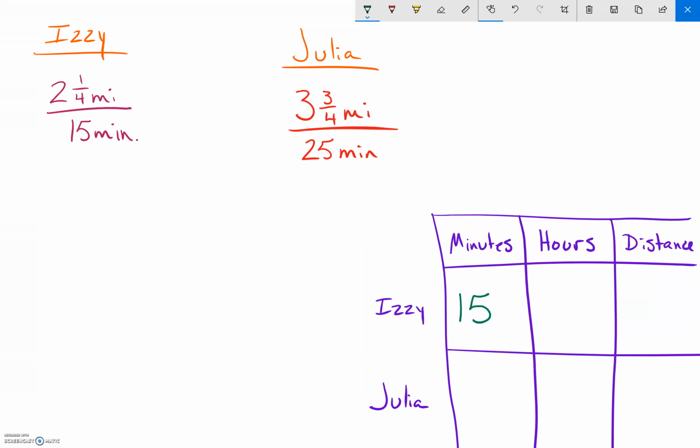So if we look at that as a fraction, she's running for 15/60ths of an hour. 15 out of 60 minutes. And that fraction simplifies. The numerator and the denominator are both divisible by 15. And so Izzy is actually running for 1/4 of an hour. So instead of 15 minutes, I'm going to put 1/4 of an hour.